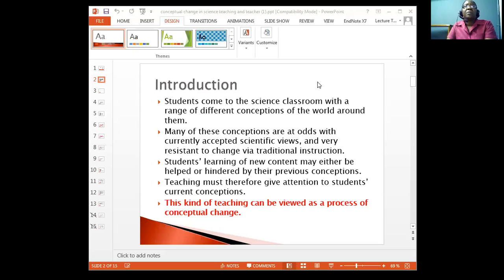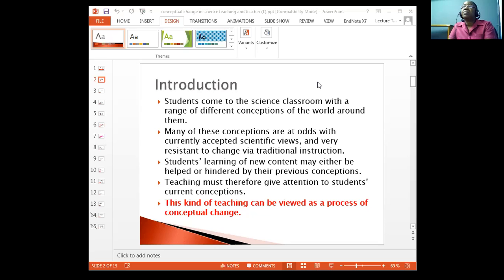Now, some of the ideas that students have are actually correct and we can build on them. In that case, those ideas will help our learning. But in other cases where they are totally at odds with what is correct, then that might hinder learning. And so the teacher has to pay attention to what the students come in with.